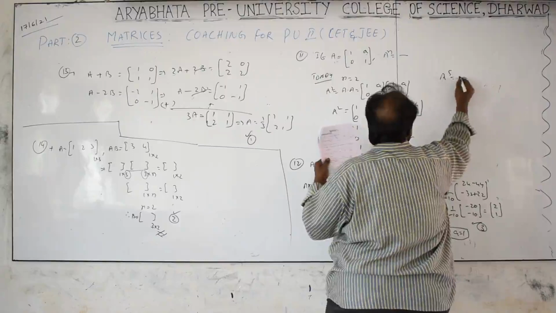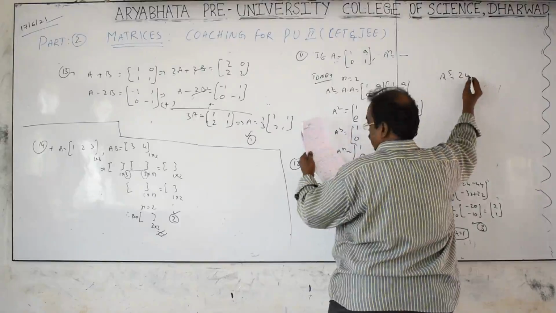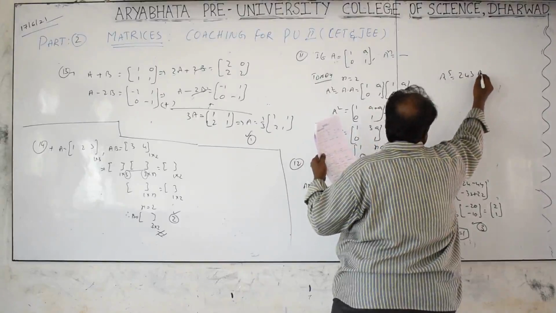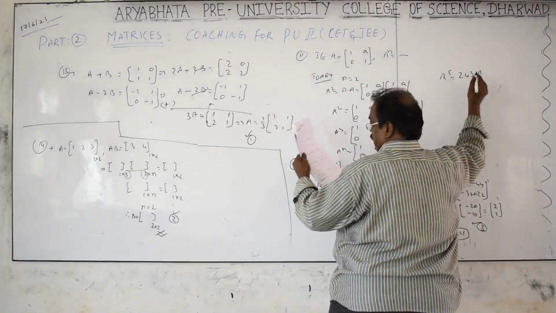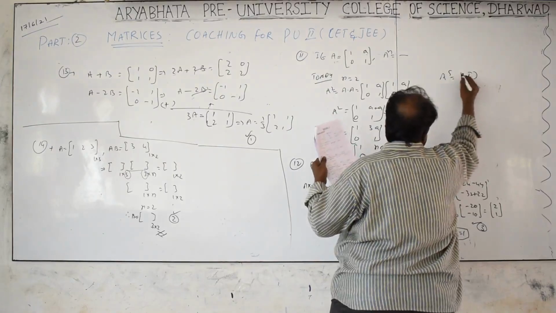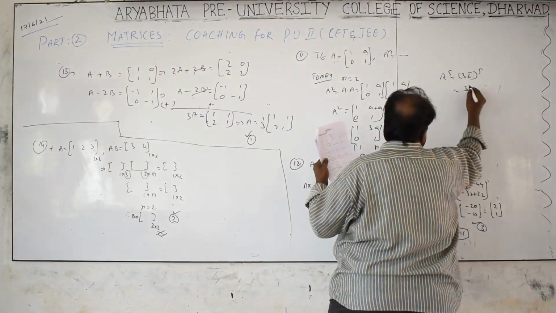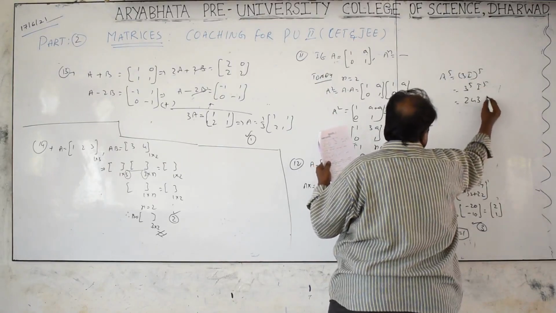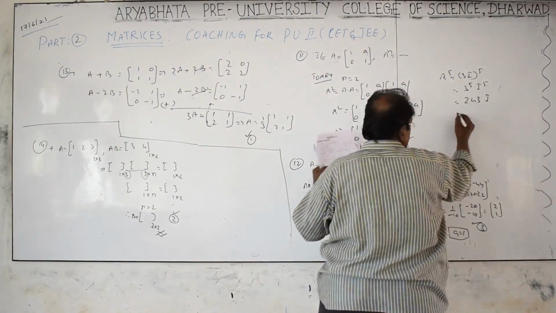A power 5 is equal to 243. I mean it is (3i) whole power 5. That is 3 power 5, i power 5. It is 243, and i power anything is i only.